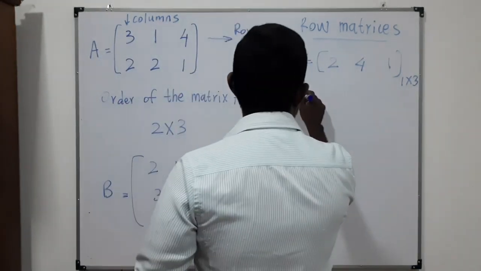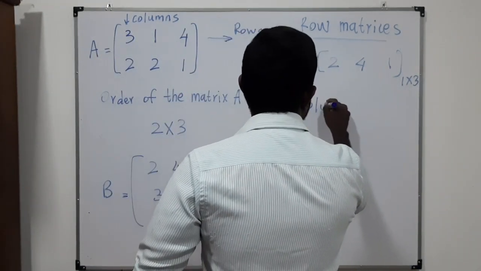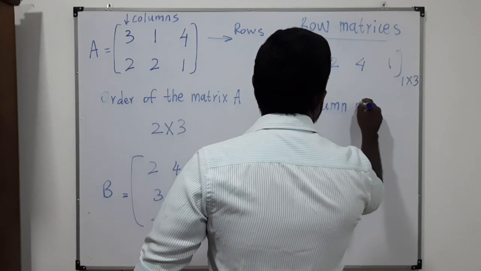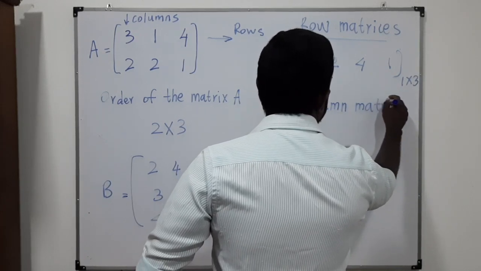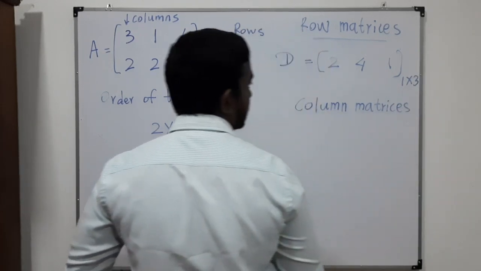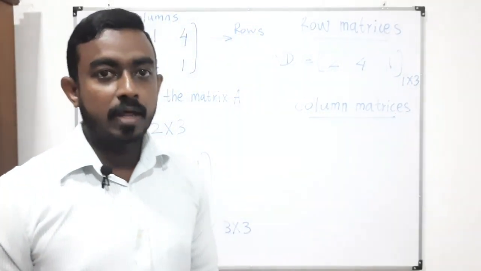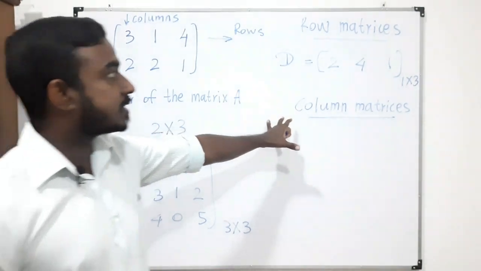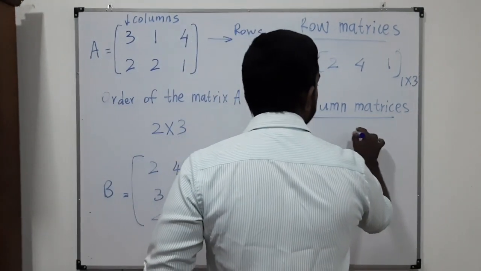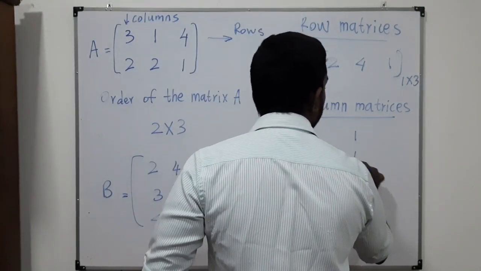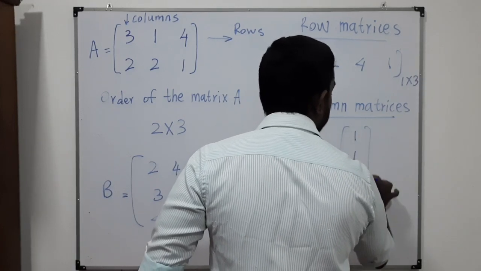Then let us see what column matrices are. Again, by the name you can understand what column matrices mean. There would be only one column. 1, 1, 0. Like this.